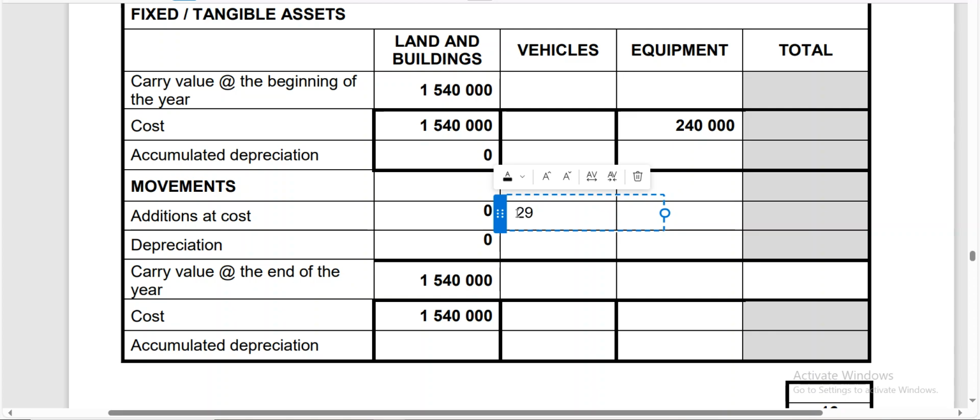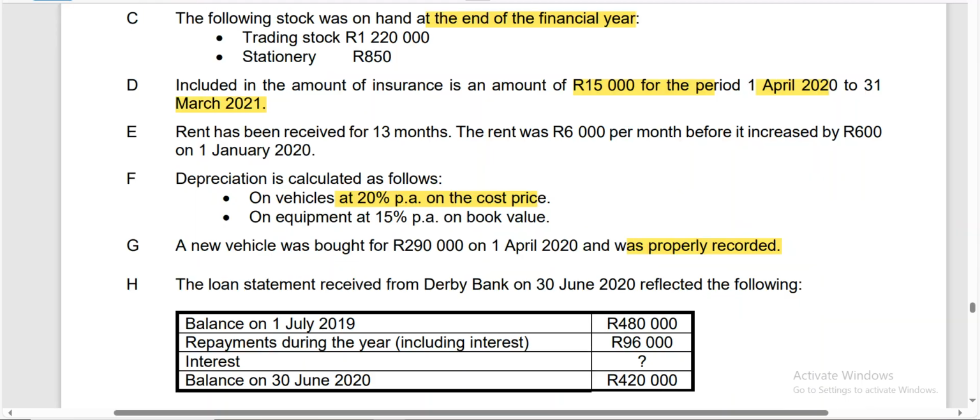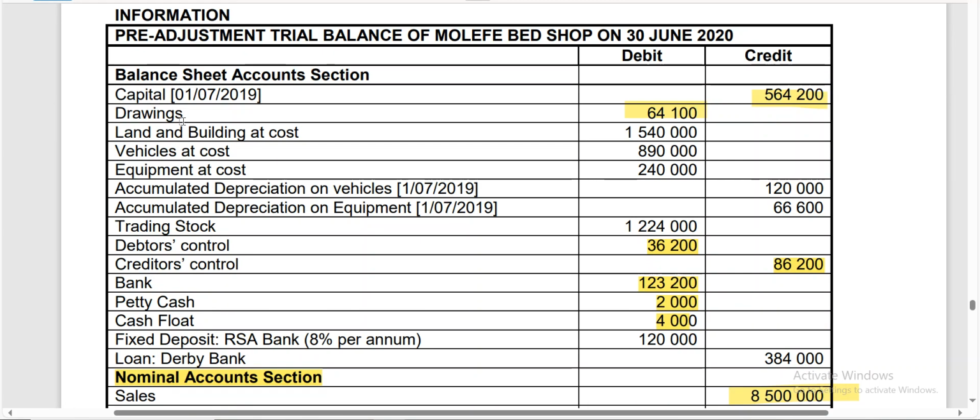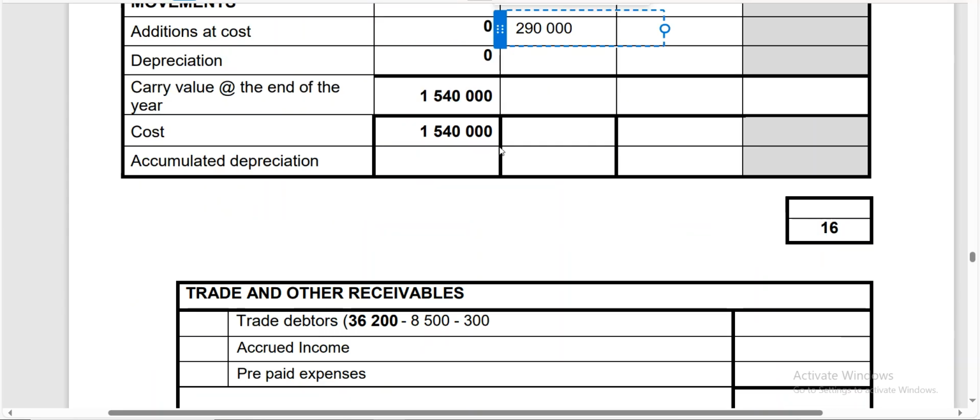Your 290,000 will come here, and then remember they said this addition has already been included or recorded. So it means that the total on vehicles that I'm seeing here for 890,000 includes the addition. So that 890,000 will come here. And the good thing here is that we don't sell our assets in grade 10. So you are at an advantage.